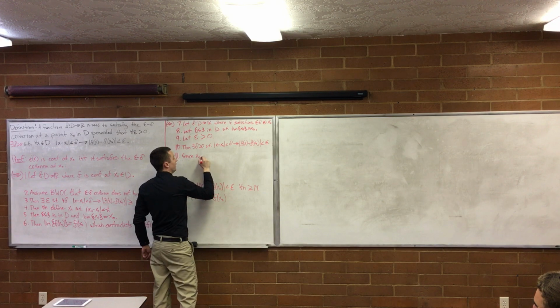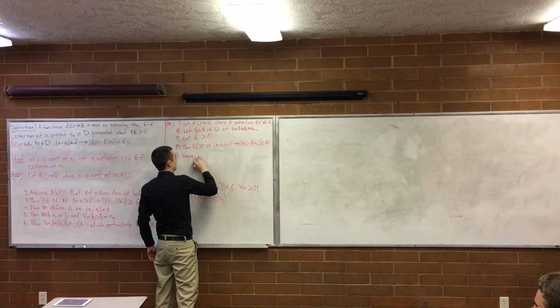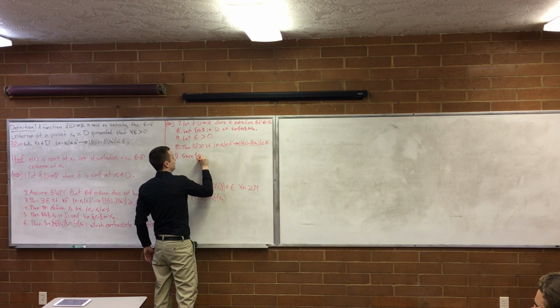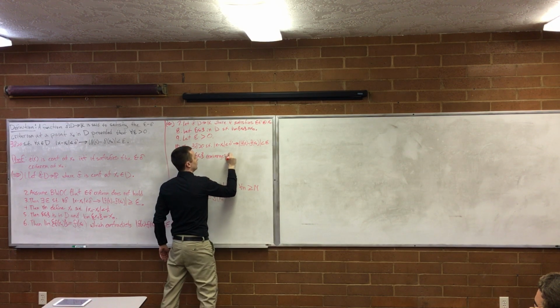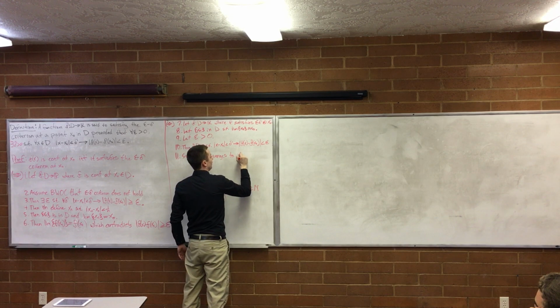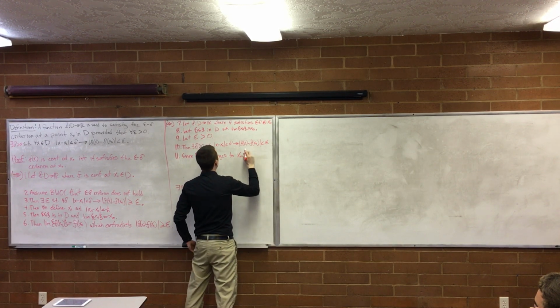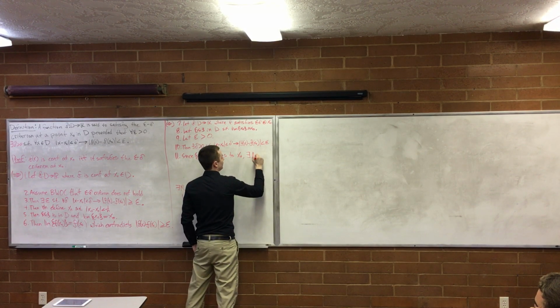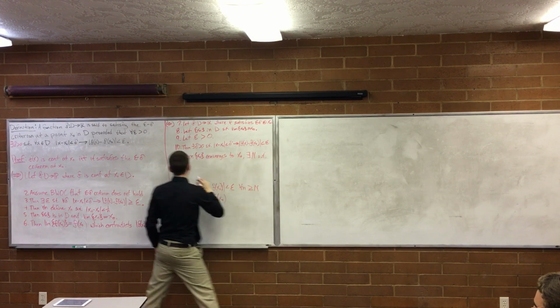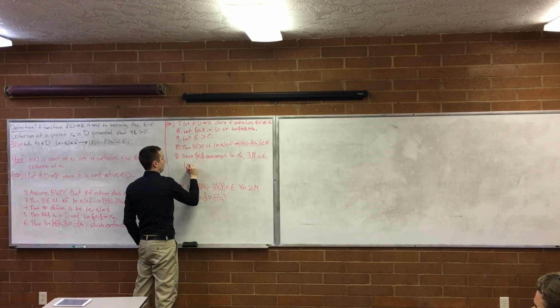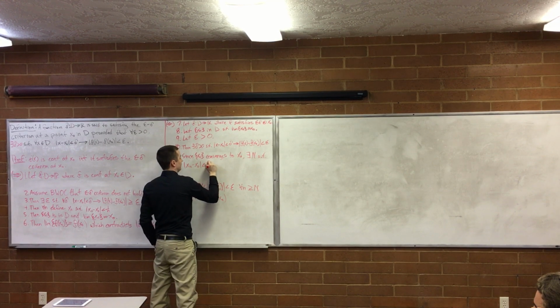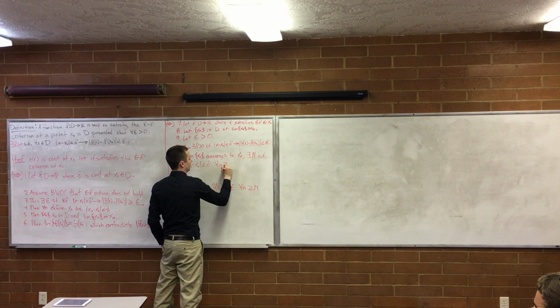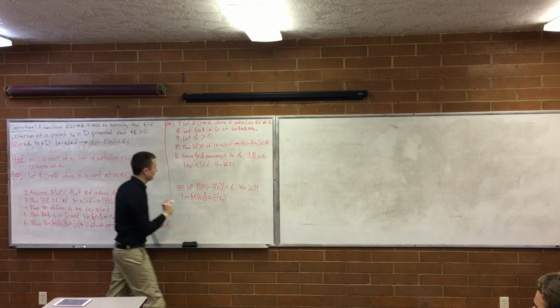Since xn converges to x naught, then there exists an N such that xn minus x naught is less than delta for all n greater than or equal to N, right?